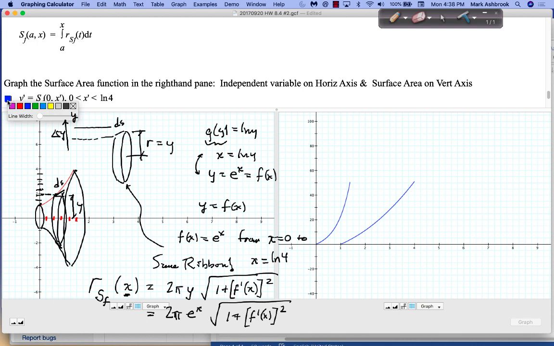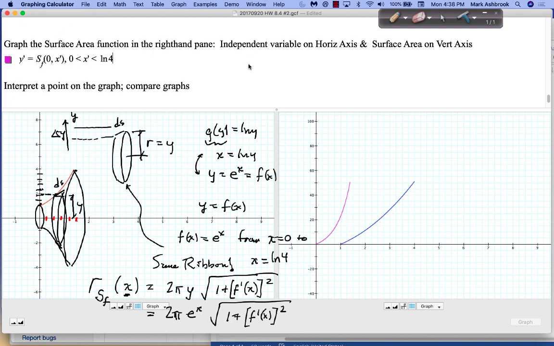So let's change up the color here. How about purple? All right, so let's make sense of this here. So first let's interpret a point on the graph. Let's get this point right here.